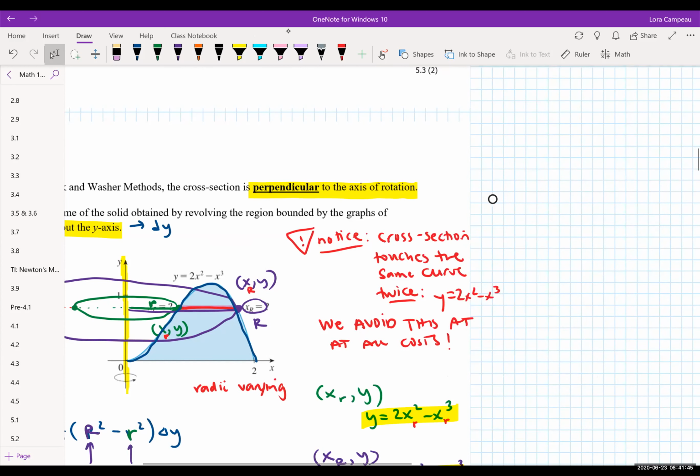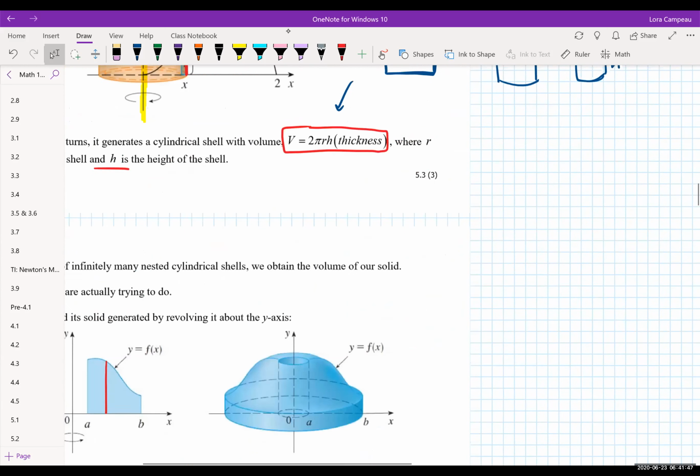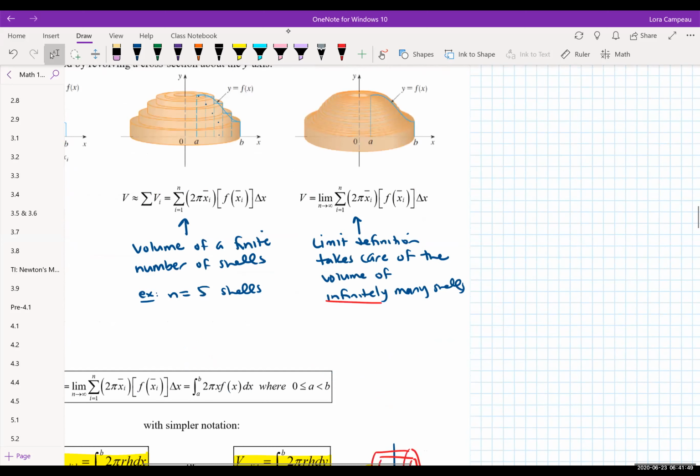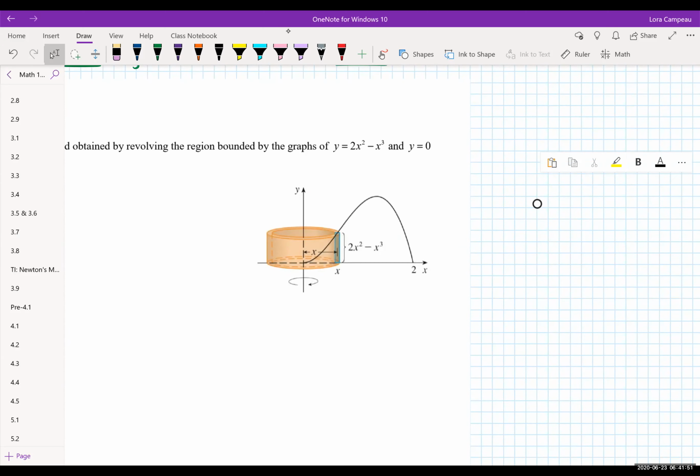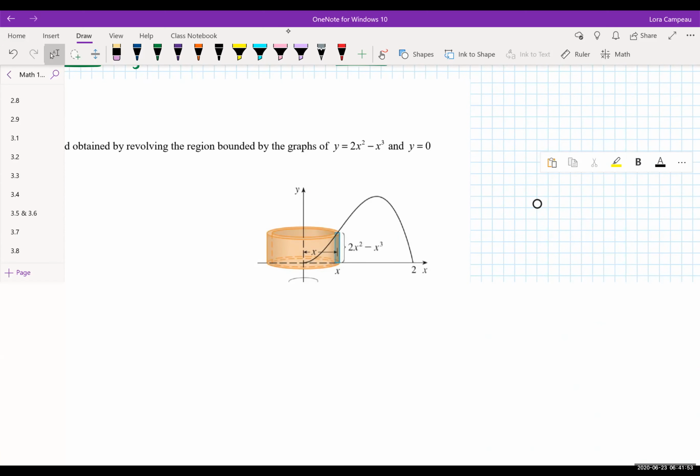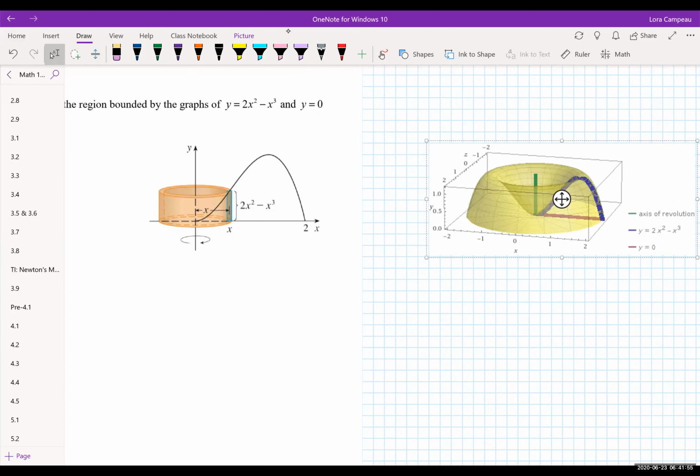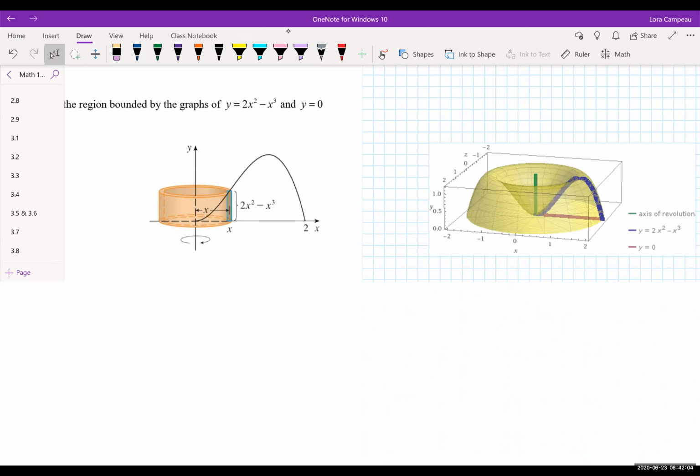I'll put this closer just so you can see the region. The more complicated the curves get, sometimes the less likely we're going to be able to see our particular regions being rotated. So now if you look at what you're getting, it gives you the idea of why for sure we're not using discs.